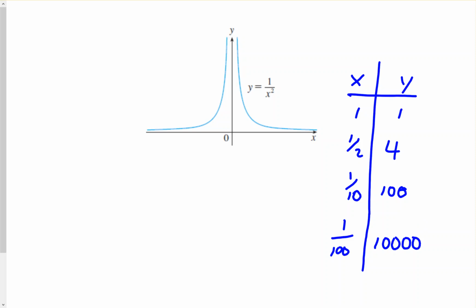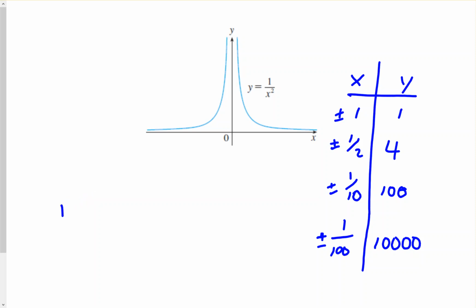And this works the same whether x was positive or negative. So the function is going to keep growing and growing. It's not going to approach a single number. It's just going to keep going out of control. So we would say for this function that the limit does not exist.